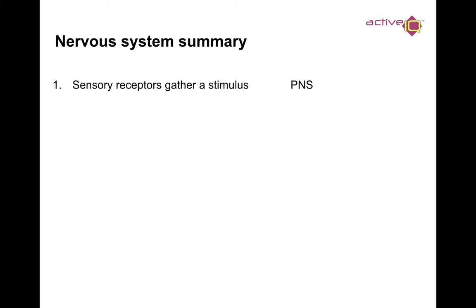So the nervous system summary. So sensory receptors gather a stimulus. So in our hands, in our nose, in our feet, everywhere we have nerves. They gather information from stimulus. Then the action potential along a sensory nerve.